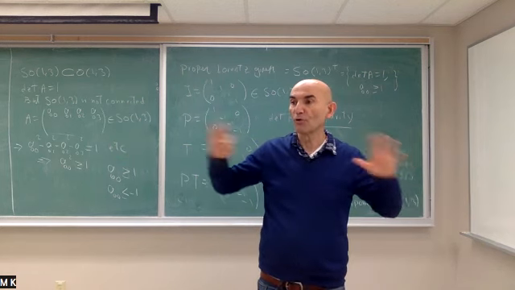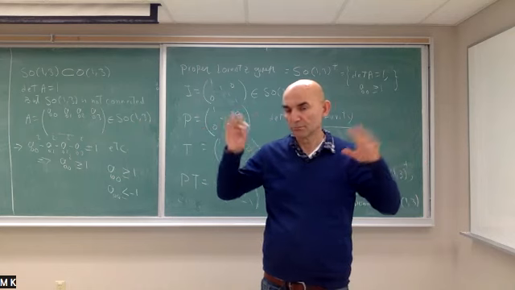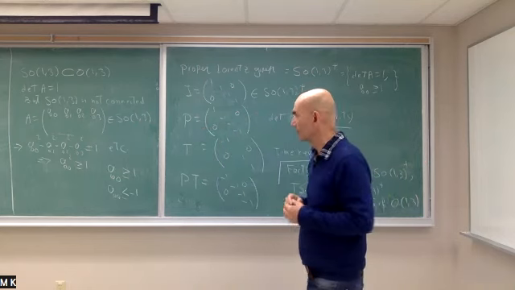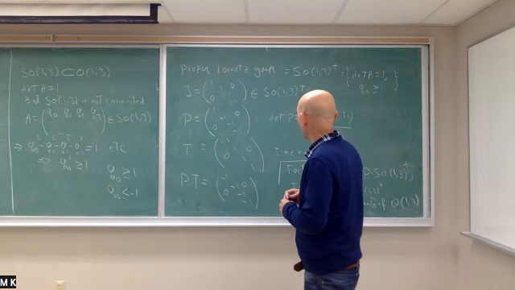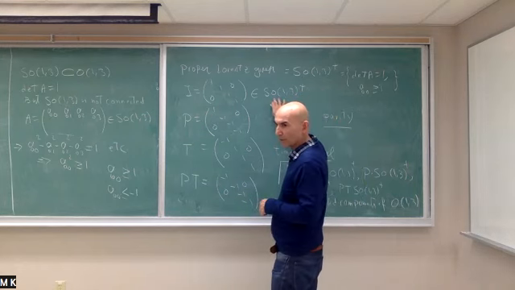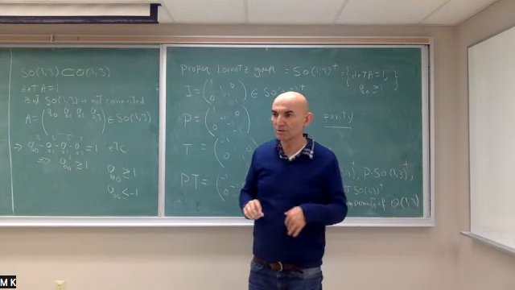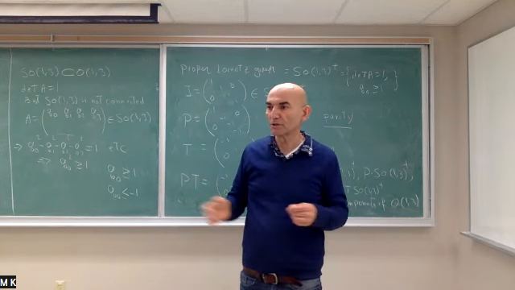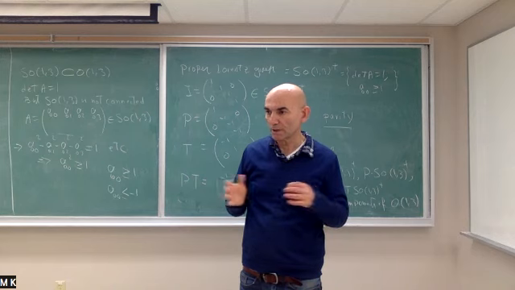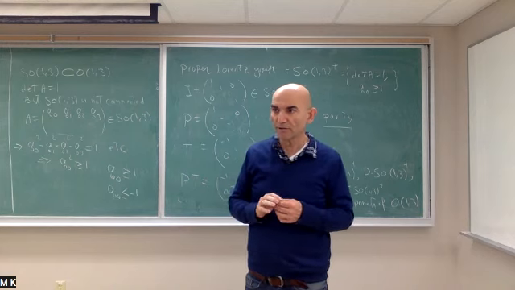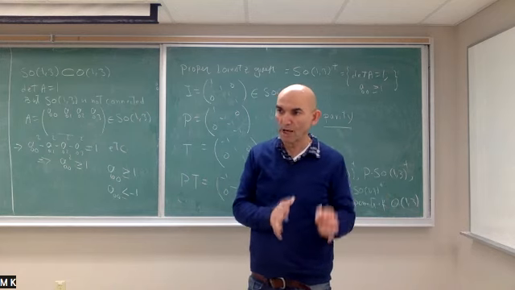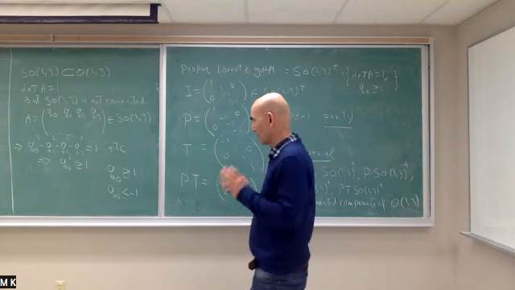But this group has four connected components, and this is a very important fact. Most of the time, we focus on the connected component of identity, but for issues of charge conjugation, parity, and CP violation, and all these more delicate issues in particle physics, all other components also matter. So we have to pay attention.